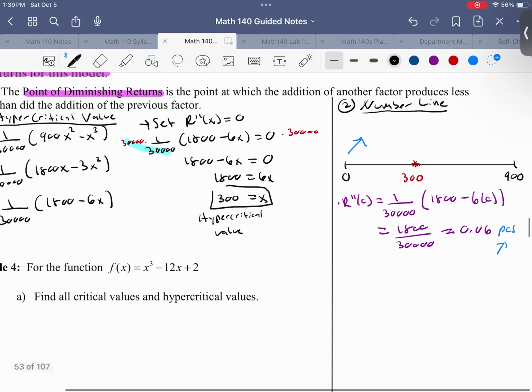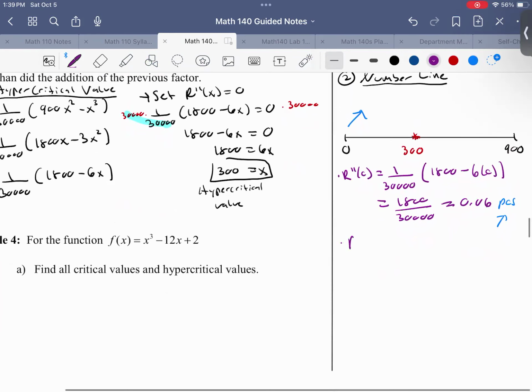And so now we'll check out 900. So we'll have R of 900 equals 1 over 30,000 times 1800 minus 6 times 900.